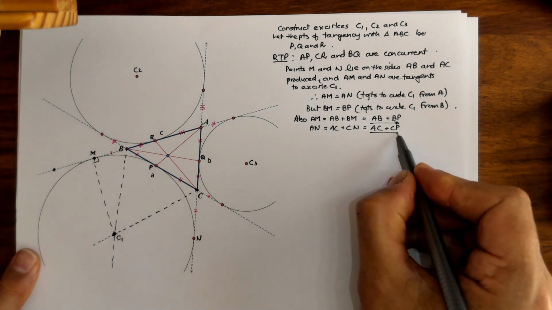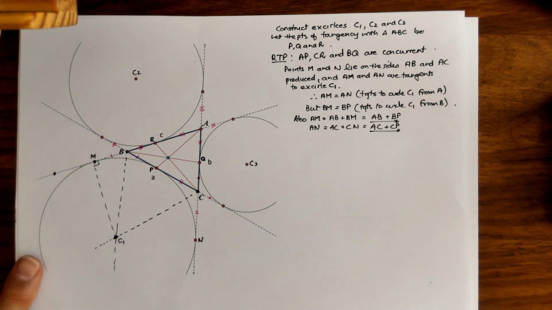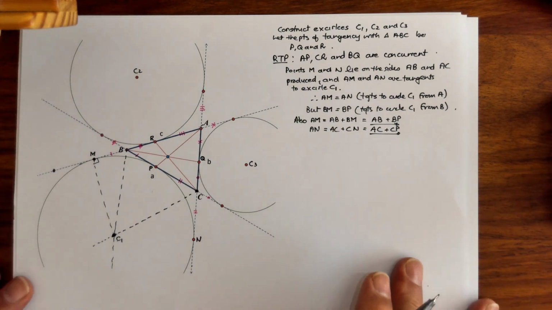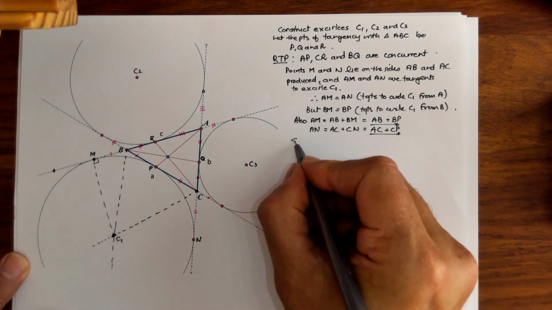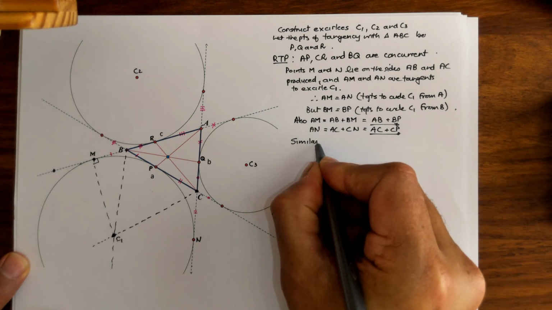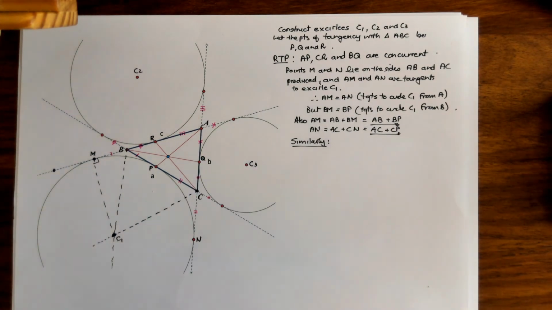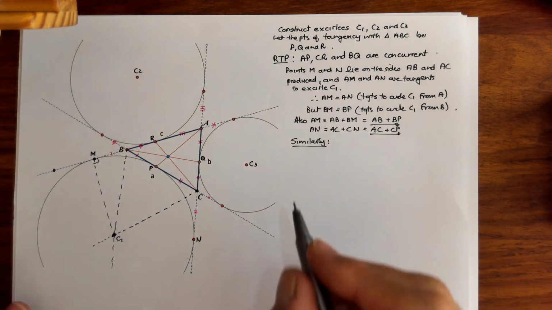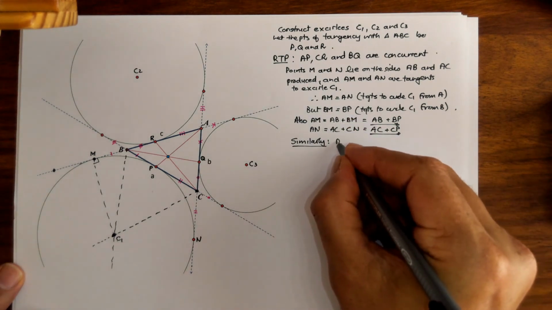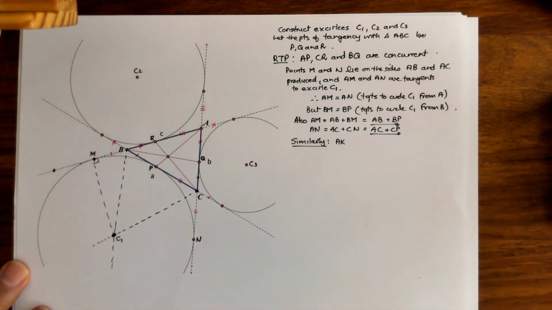So we've got those two expressions that we can draw on. Now, similarly, we can argue the following. We can argue that AK, which is indeed, where's AK?